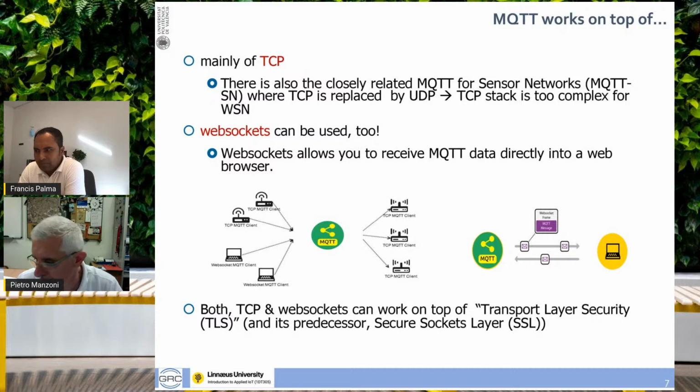The SN stands for Sensor Networks. And then you also have what is called WebSockets. WebSocket can be used if you want to develop your application directly in a web browser. And then there is the alternative to use, below, the secure version of the socket.